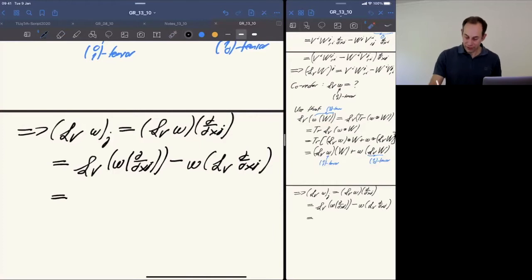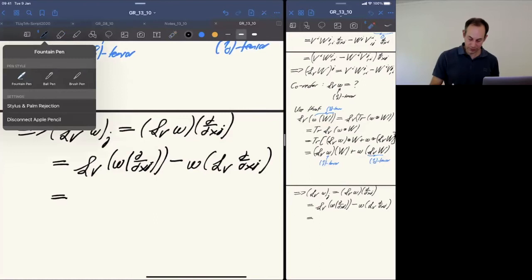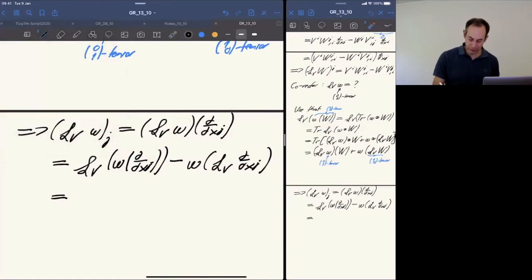Now we use the fact that we know these expressions. As I said, this is just the Lie derivative of a function, and we have already done it. So the Lie derivative of a function is just acting with V on this function. But what is actually the function? This function here is just the jth component of omega. Again, for the same reason as what I said about this component. So we can just write here omega_j.